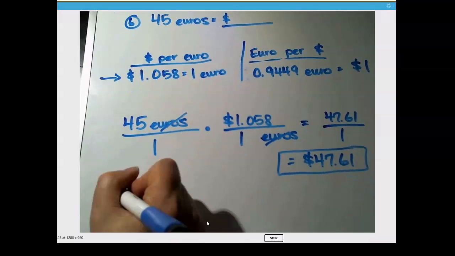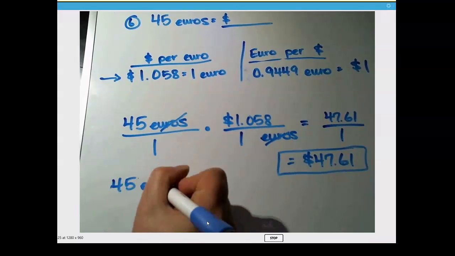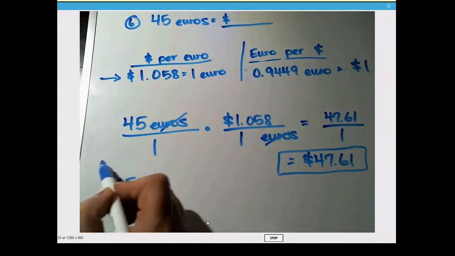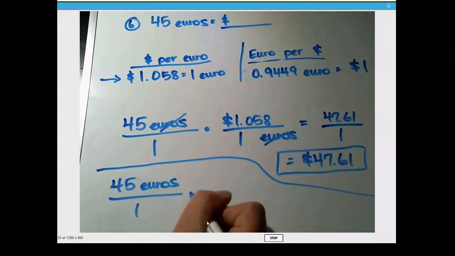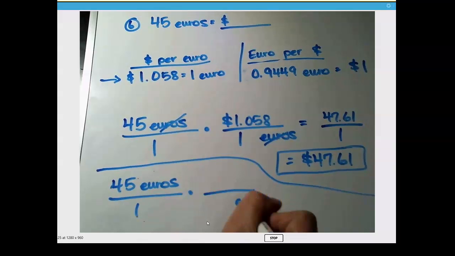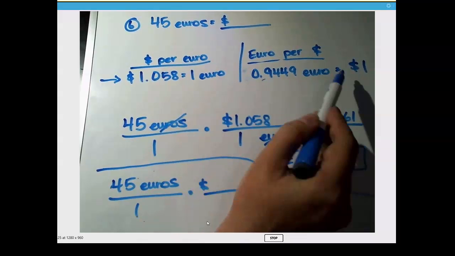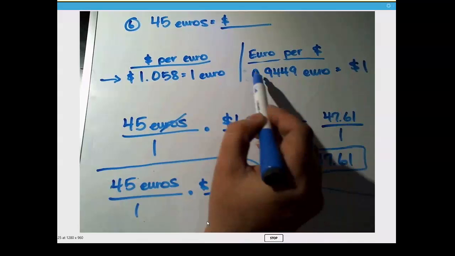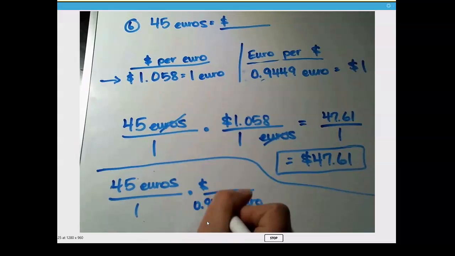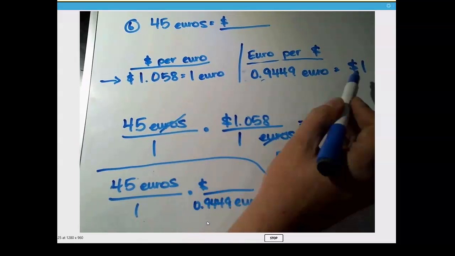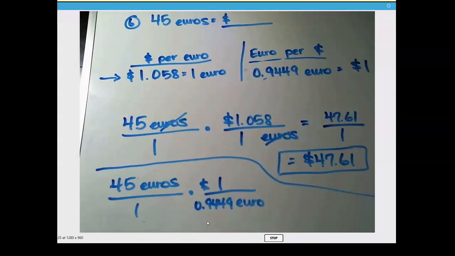And again, we could do it with the other one, and we should get something really close. In fact, I'll do it just real quick. So I take 45 euros, and use the other one instead. Now this goes with euro, so that goes down bottom. The 1 is now in the top.